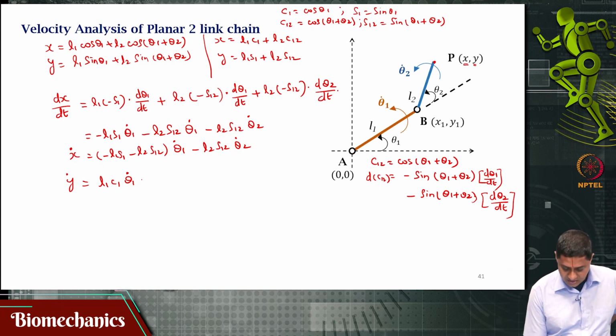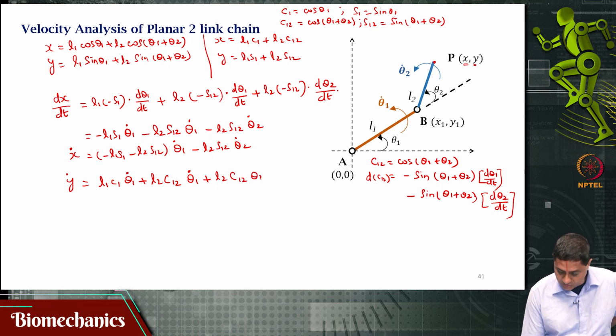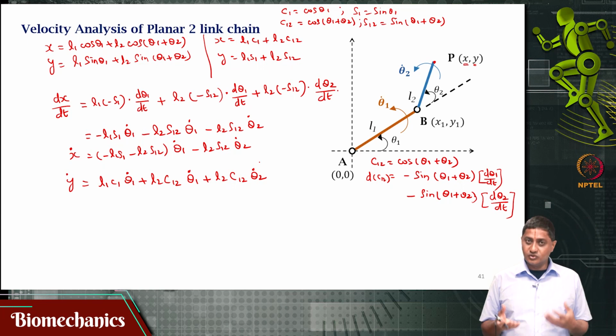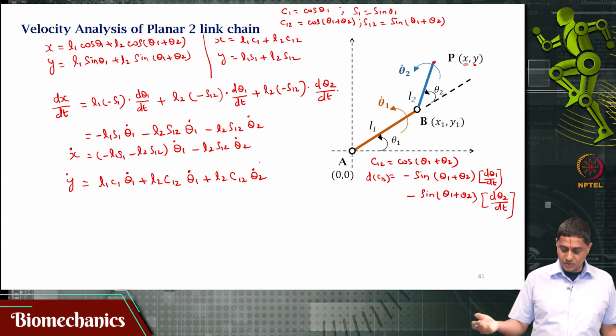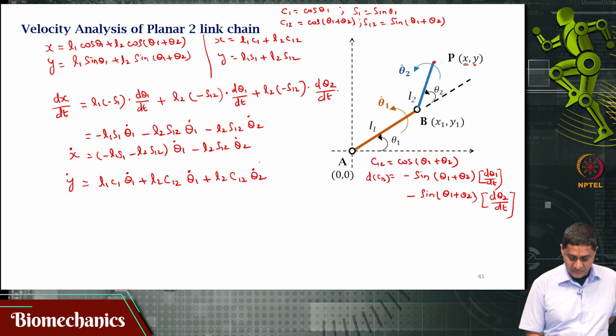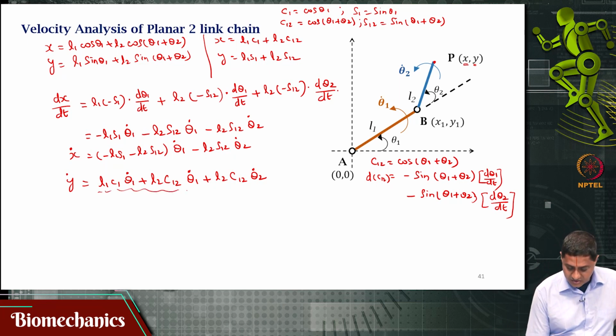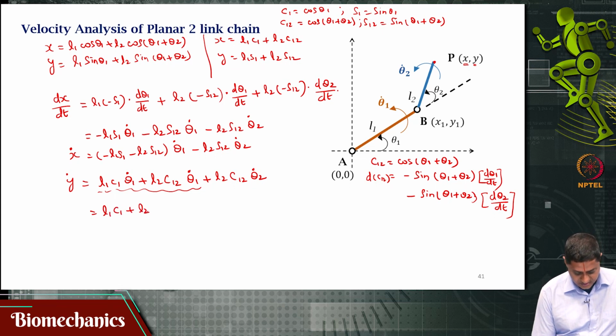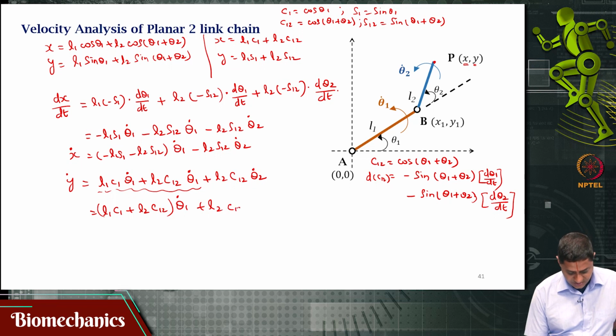That will be L2 C12 theta 1 dot plus L2 C12 theta 2 dot. Why? Because there are two thetas, theta 1 and theta 2, and using chain rule I get theta 1 dot and theta 2 dot. Now, theta 1 dot is common between these two terms, so I can take this as L1 C1 plus L2 C12 times theta 1 dot plus L2 C12 times theta 2 dot.